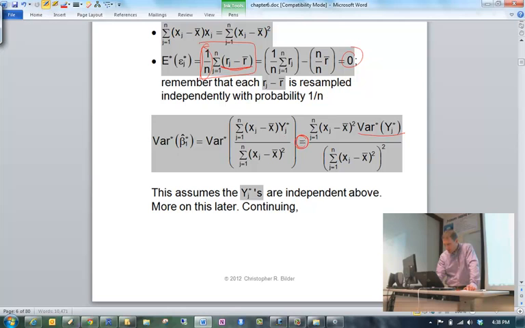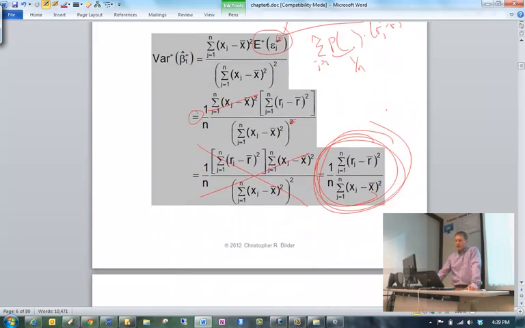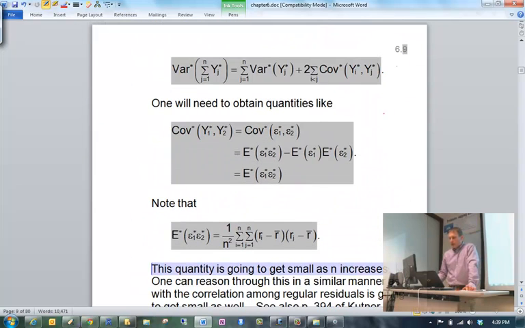In order to get this equality here, when I brought this variance inside the sum, I'm basically assuming the covariances between, let's say, y1 star and y2 star are 0. Okay? So what would have happened, though, if I didn't make that assumption? So in other words, what I want to do is look a little bit more closely into what is the variance star of the sum of the yj stars. This is now in 6.9.